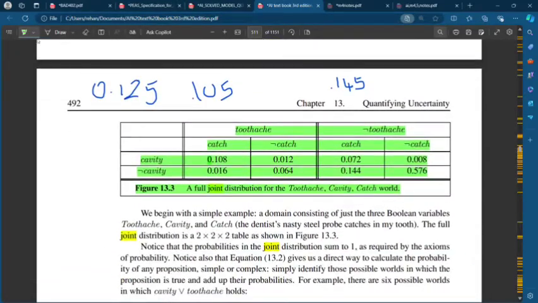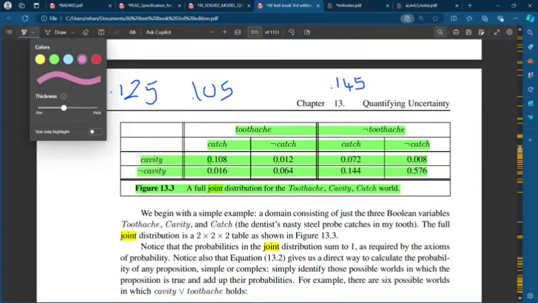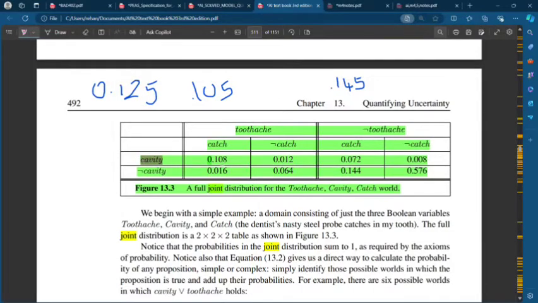Let me take another color, pink, and see how it looks. Let me erase everything. Now it looks nice, right? Now if I add these things, 0.008 and 0.072, that is 0.080.